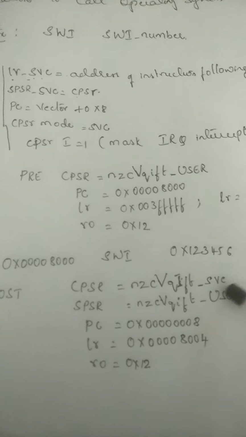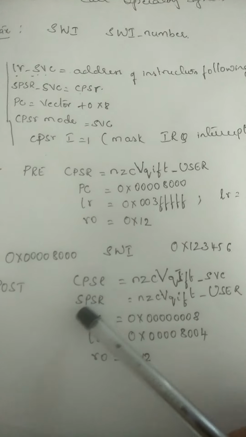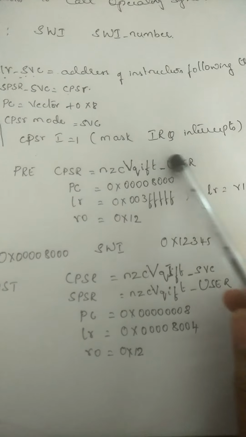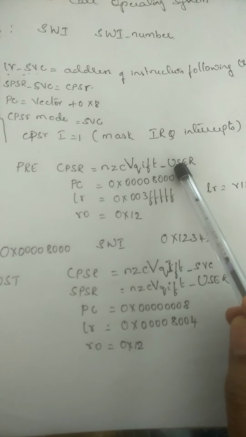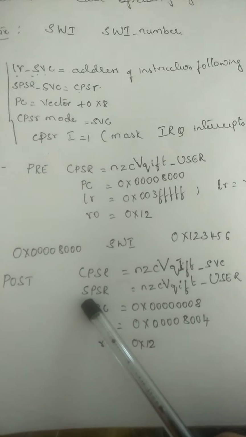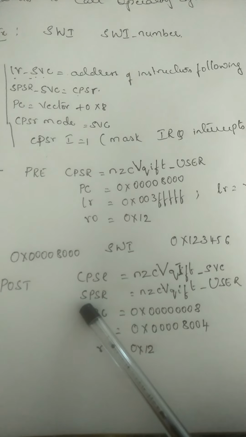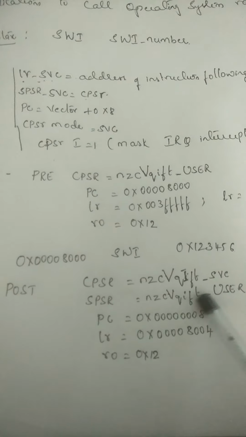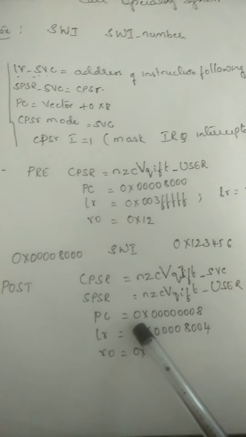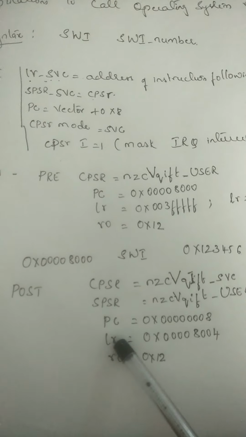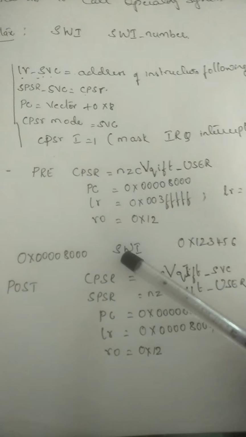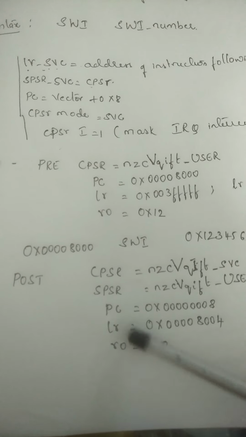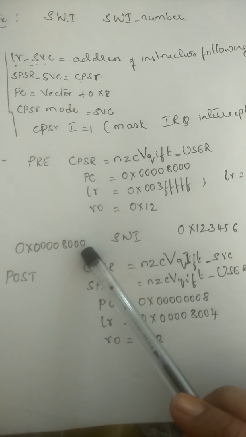SPSR will save the current program status register, whatever value is there. The program counter automatically jumps to the vector table, taking the address 0x08, and the link register takes the address of the next instruction after the SWI, because this is the return address, 8000.